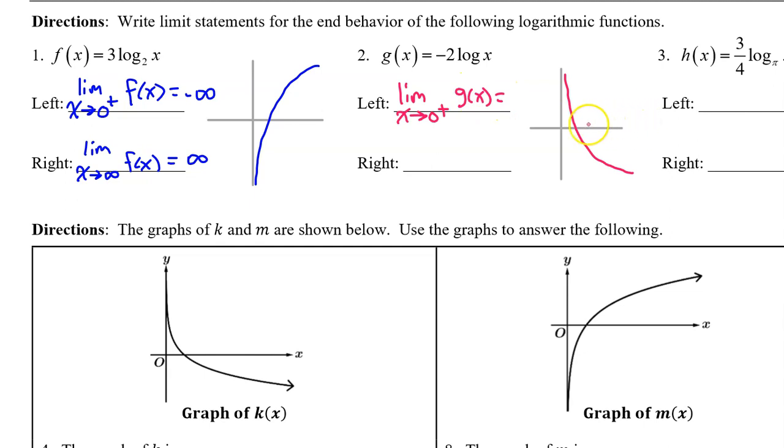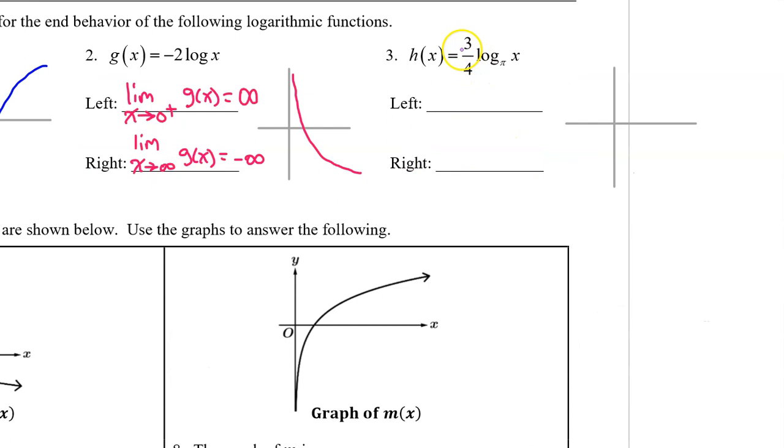As we approach 0 from the right, g of x is approaching positive infinity. So that's the limit. The right end behavior will be the limit as x approaches positive infinity as usual. As we go towards the right, g of x is falling, approaching negative infinity.